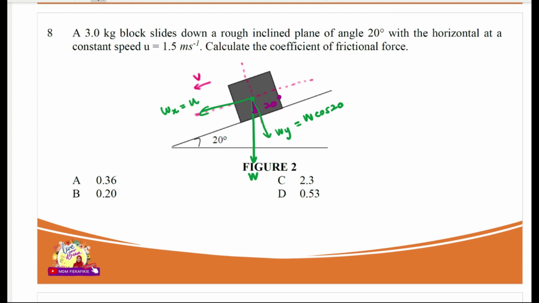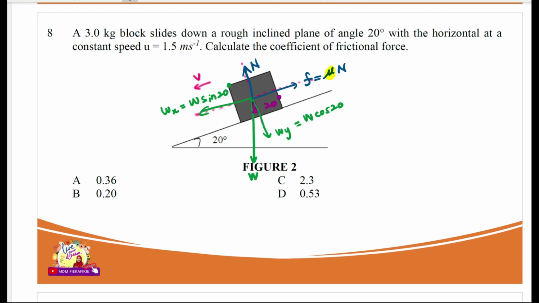Okay. W sin. This one should be W sin 20 degree. Okay. And then we're going to have frictional force, opposite direction. F is equal to mu N. Dan soalan minta kita cari mu. Boleh. Okay, dan jangan lupa satu lagi kita ada normal force, okay, upward.